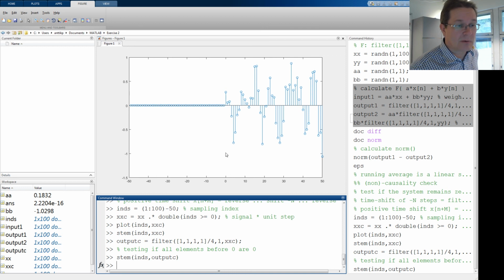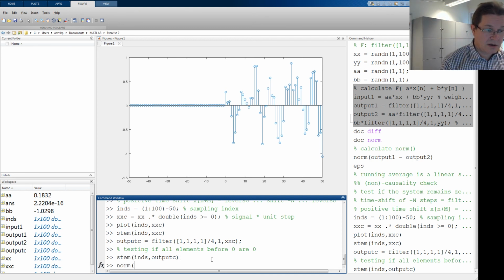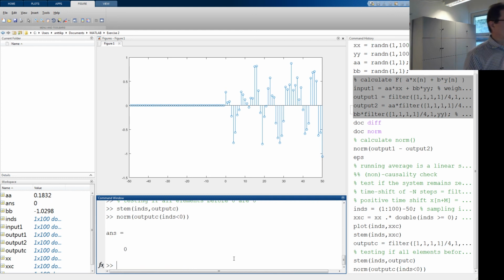Okay, but anyway, to calculate whether a vector is 0, we can always take, again, the norm of output C at the values where index is less than 0. That calculates the norm of the vector which is on the left hand side, before the 0 happens. That should be as close to 0 as it can. And yes, excellent, now we have exactly 0. So this system is also causal.